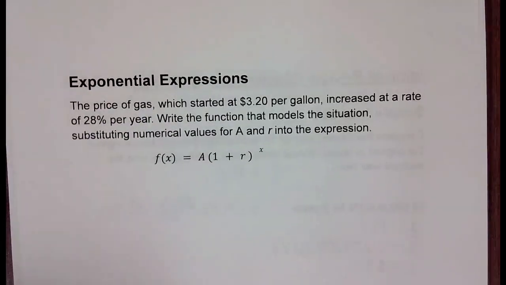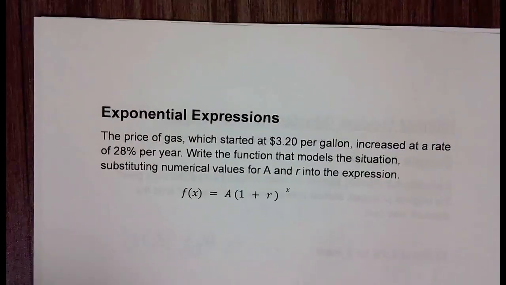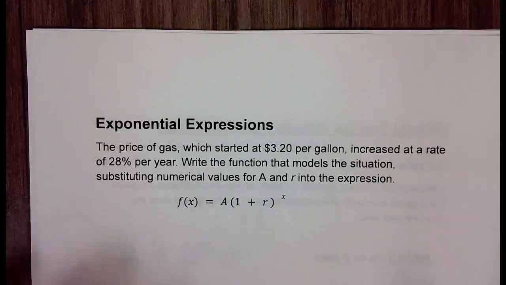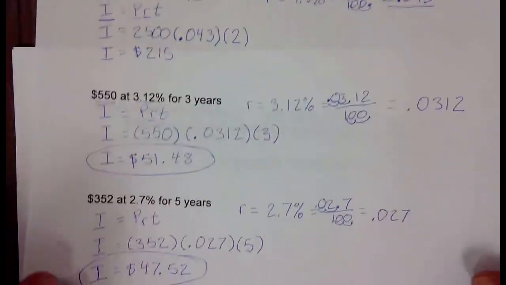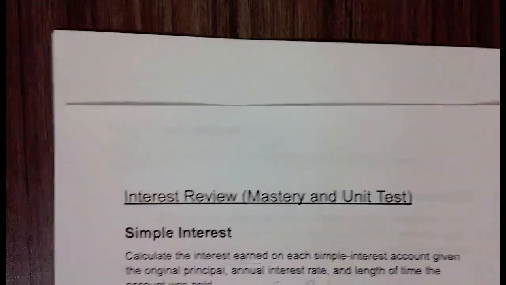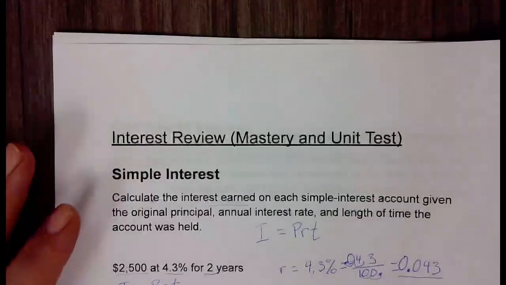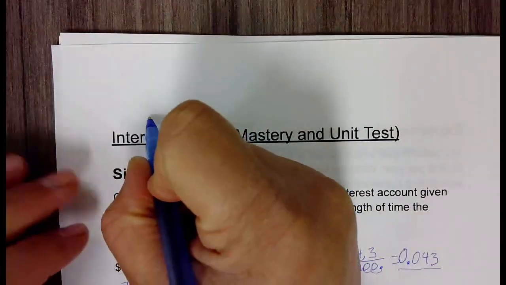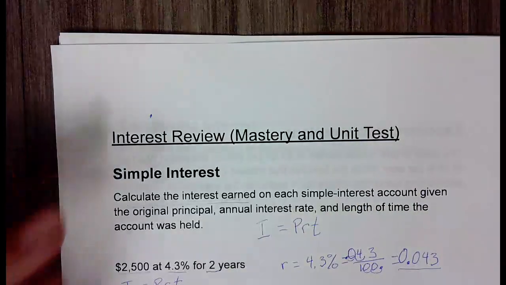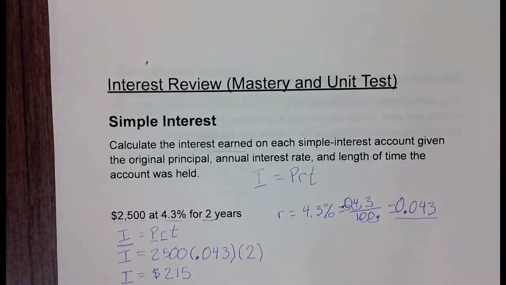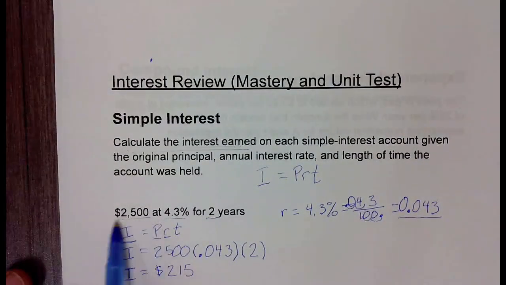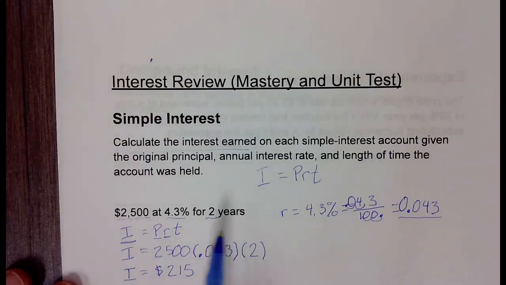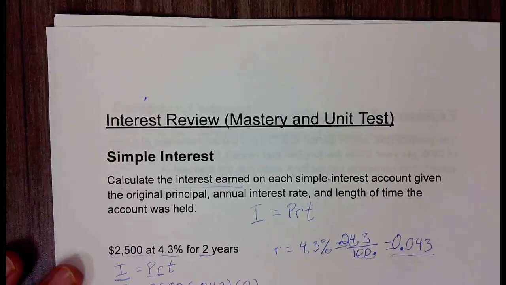Now I'm going to look at some exponential expressions. And when I talk about simple interest, it tells me that every time I earn interest, I earn the same amount of interest because I'm earning interest on the principal, and it's the same percent every time.